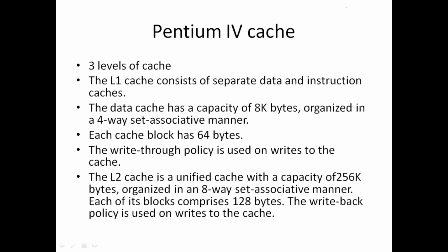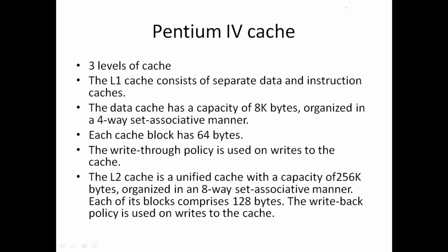The data cache has a capacity of 8 kilobytes, organized in a 4-way set associative manner, and each block has 64 bytes. Previously we saw in the Motorola there were 16 bytes in every block. Here it is 64 bytes.